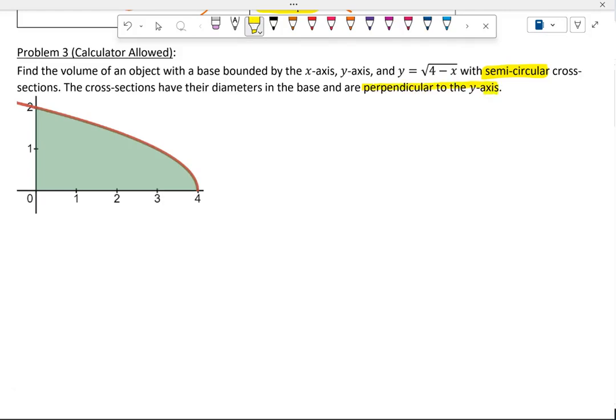Because we are perpendicular to which axis? The y-axis. So we have to remember that we are in terms of y. So that means, are we doing top minus bottom or right minus left? What is our base going to be? Right minus left.